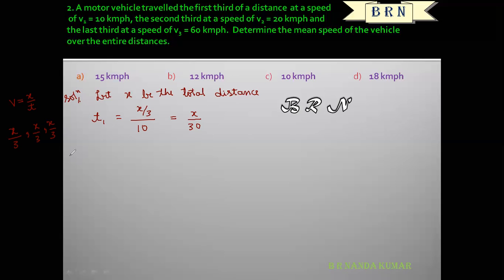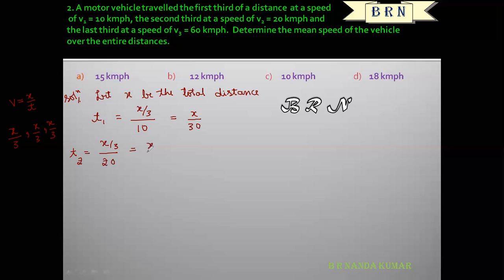Now the time taken by the motor vehicle to cover the second third of the distance: T2 is equal to X by 3 divided by the speed, 20 kilometer per hour.